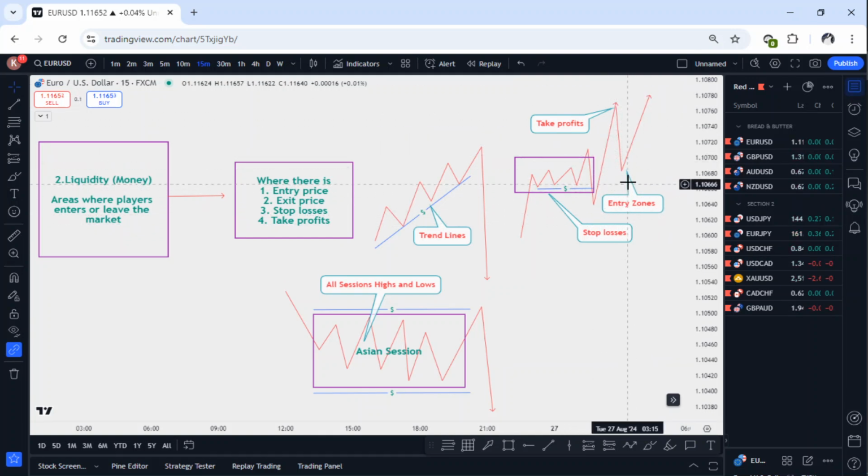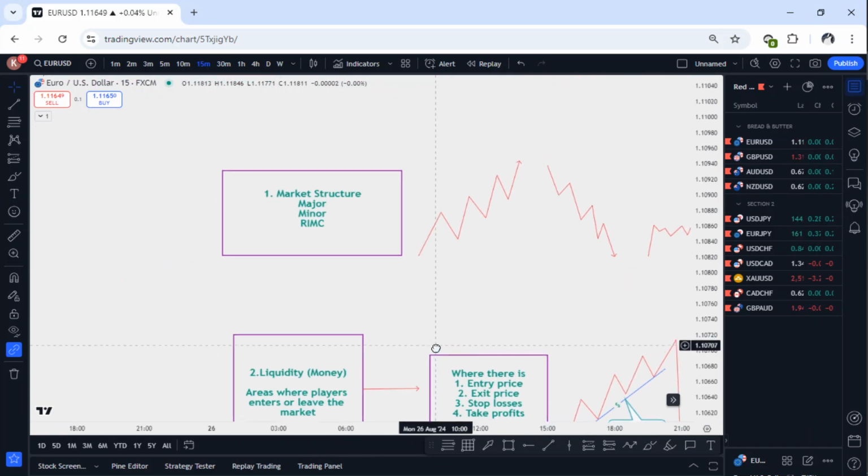Again, where people enter trades is also another point, especially for the big financial institutions. You will find that the market will always come closer to that particular area and then exponentially move very fast. So those are the area points, and that is the liquidity concept simplified.